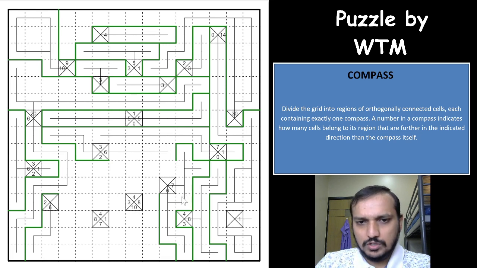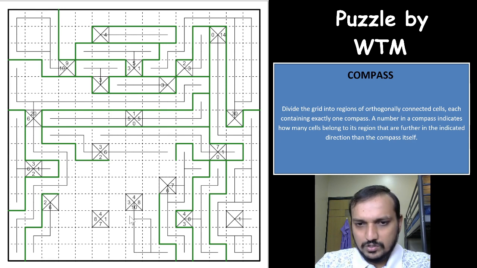Now how do we use that? Okay, so these all will be part of the 10 clue because it cannot be part of this clue. You'll have only one cell towards the left, and all of these would have to be part of the 10 clue. You have 7, right? 1, 2, 3, 4, 5, 6, 7. 3 would go towards the left, and all of these 3 would be part of this 3 clue.